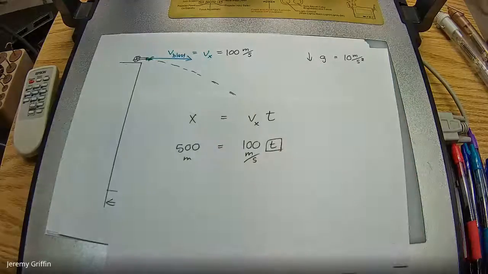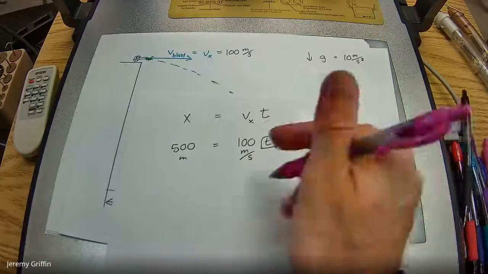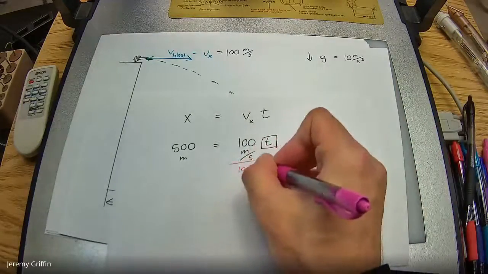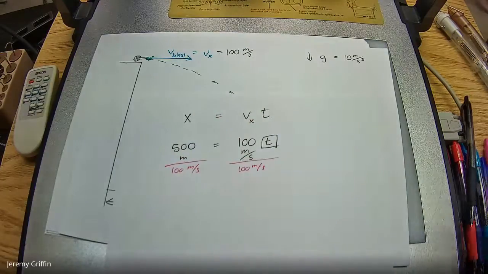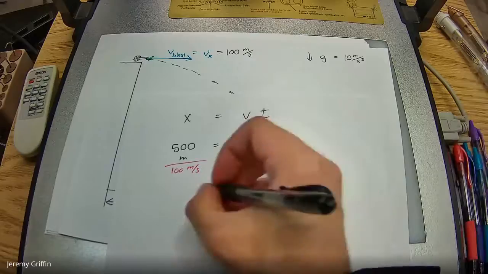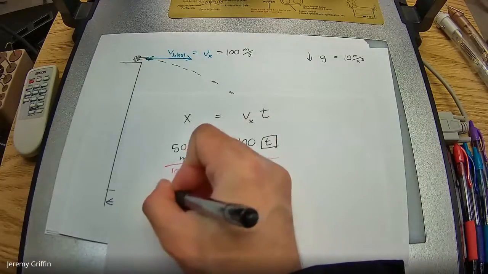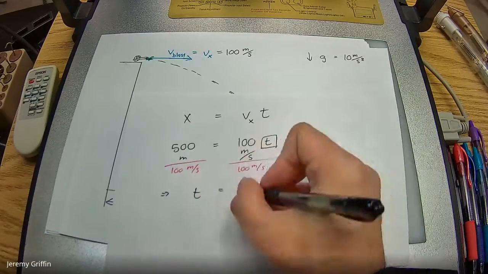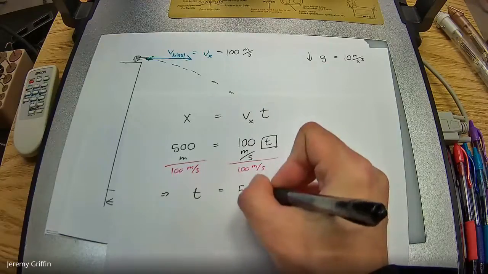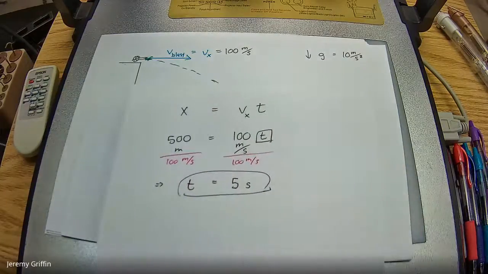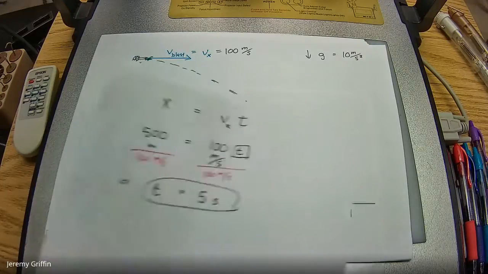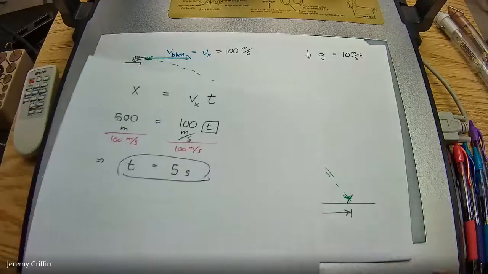You just divide both sides by 100 meters per second. The meters cancel, seconds floats back up top. I'm going to get a time of 500 over 100. That's 5 seconds. That's how much time it took to get from here to here.